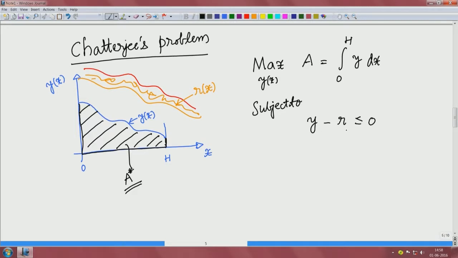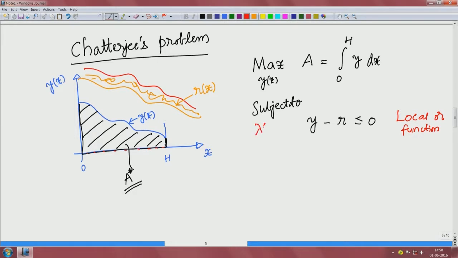We have this constraint, which is a local constraint, because this should be satisfied at all points in the domain. It is a local type constraint or a function type. There is no differential equation. So, there is simply y of x minus r of x less than or equal to 0. That we discussed already how to deal with.